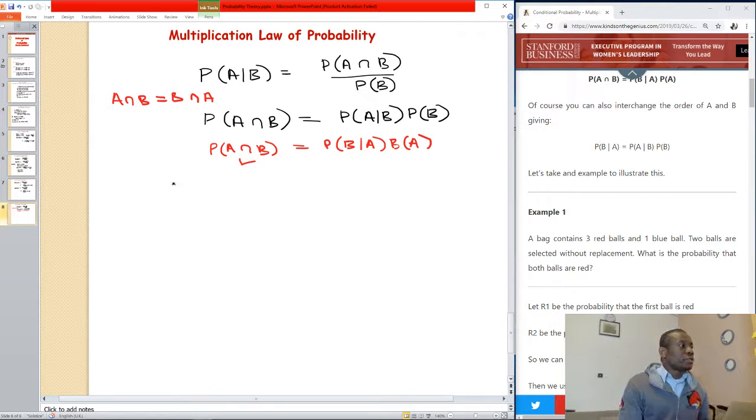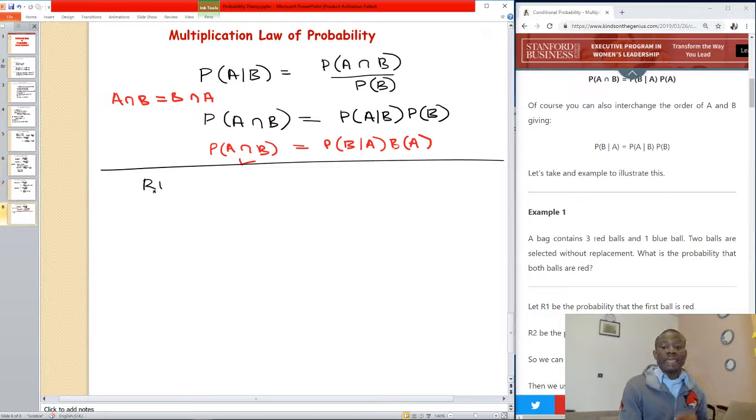Let's now use notation to indicate it. Fine. So first, let R1 be the event that the first ball is red.